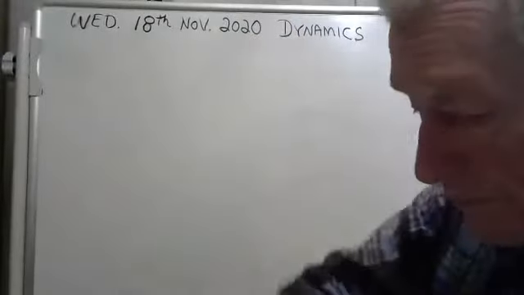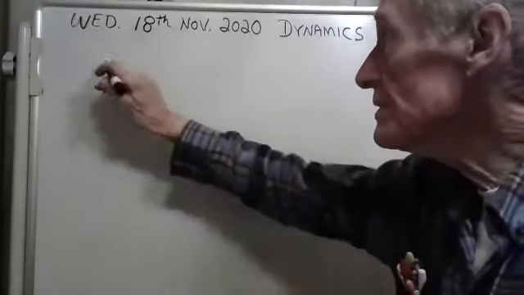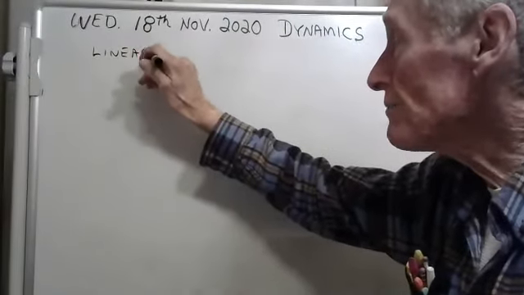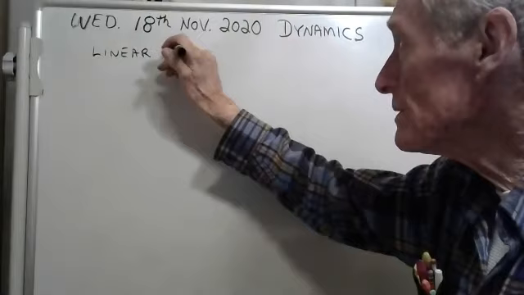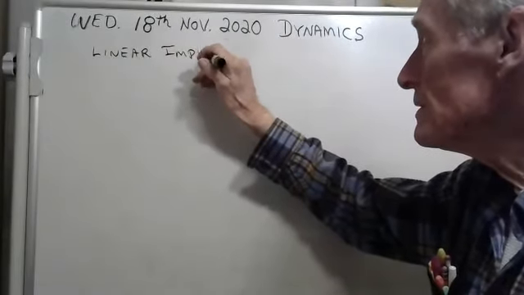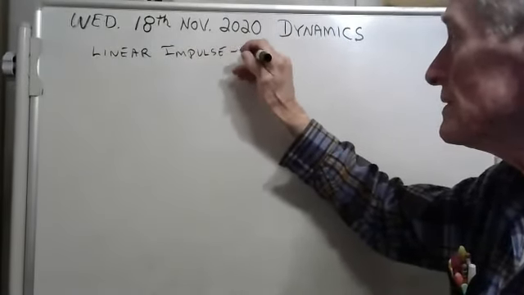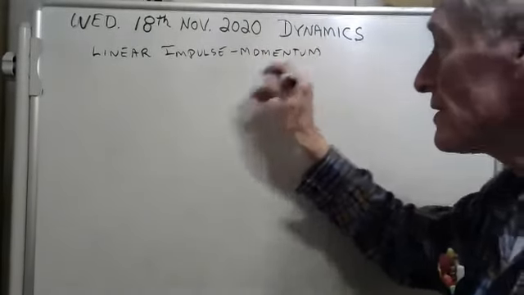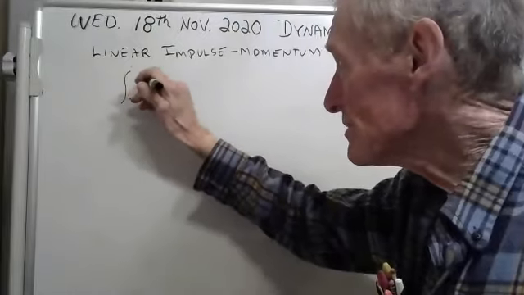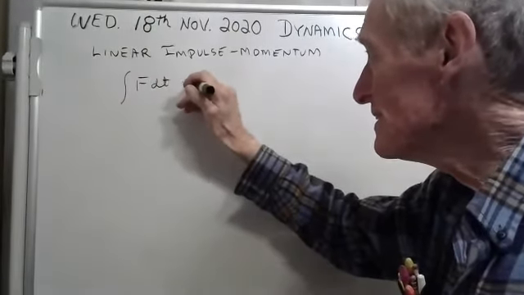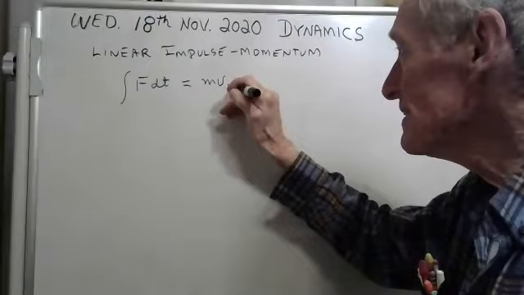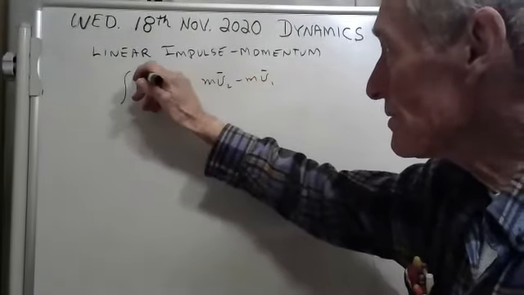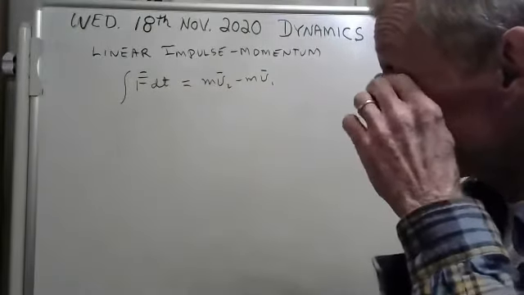Here, let's review and put the linear impulse momentum equation. We'll write it down first because you've had it before. And it goes like this. It's really a vector equation, so you can put vectors on it like that.